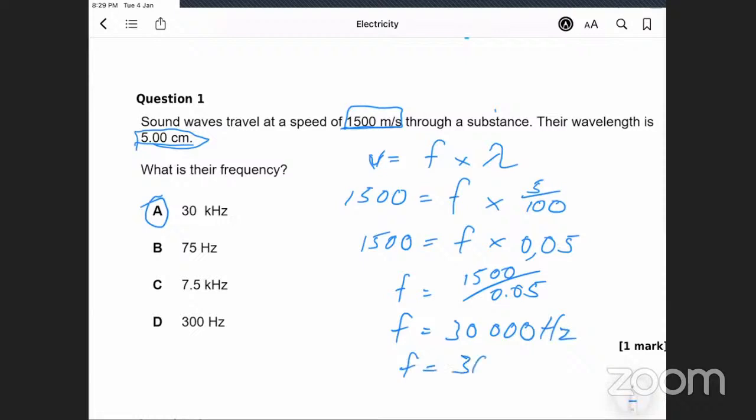So that is your 30 kilohertz. That's the answer for that one. Are we all following? Right, let me just admit this, guys. Let's move on to the next question.